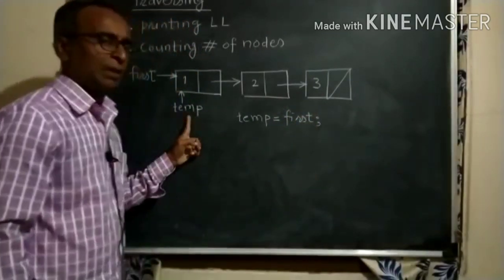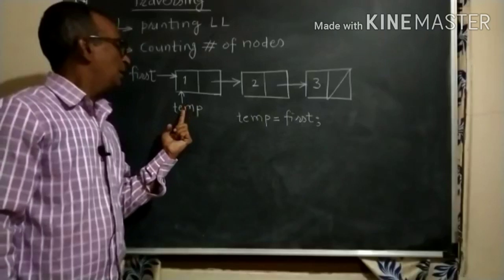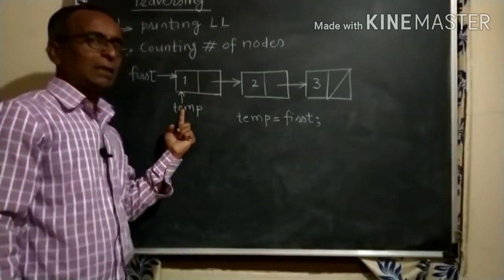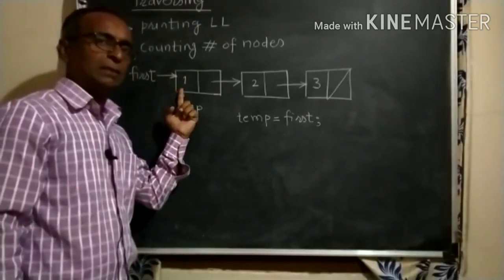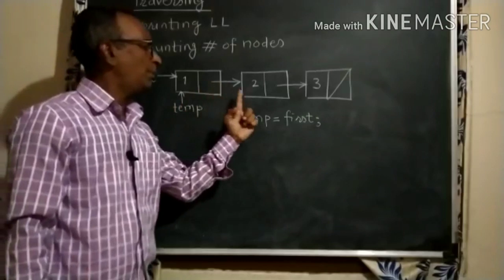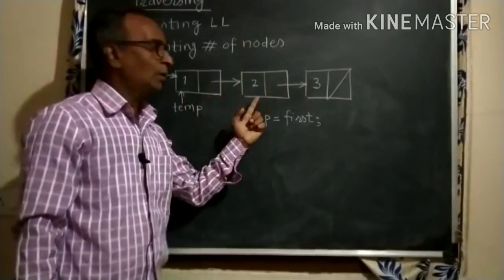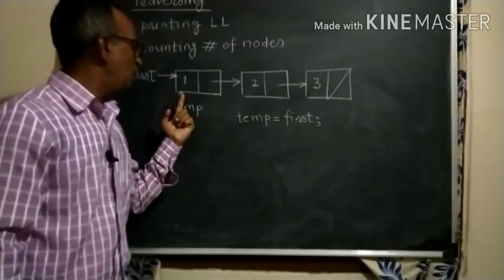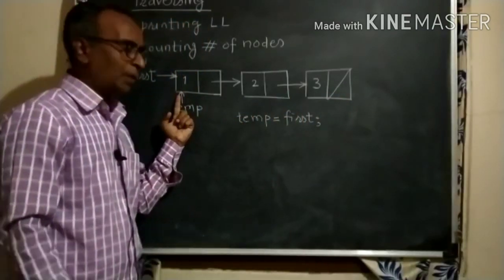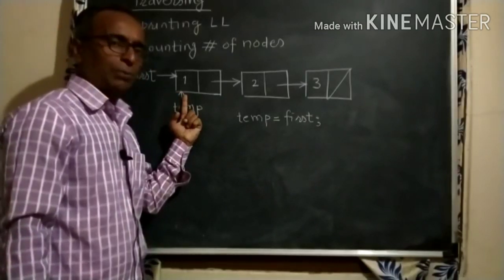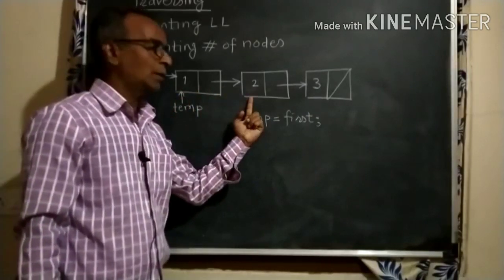Right? Now, when I say temp is pointing to this node now, means temp is not null here. So there node exists, you have to increment the count. Move temp, increment the count. Move temp, increment the count. So what we are doing when temp is not null, then we are incrementing the count, then moving.